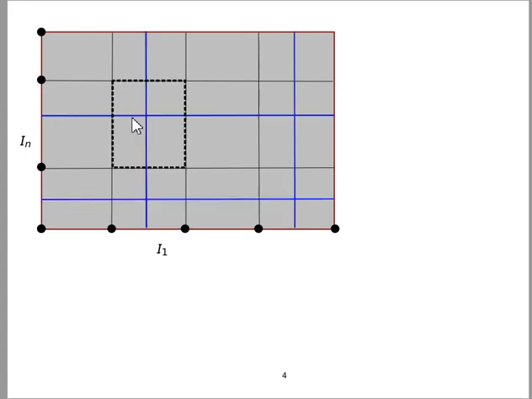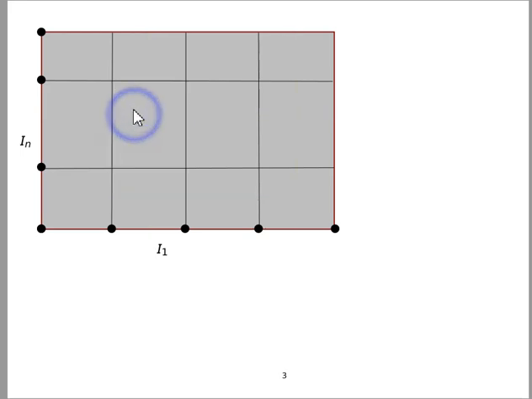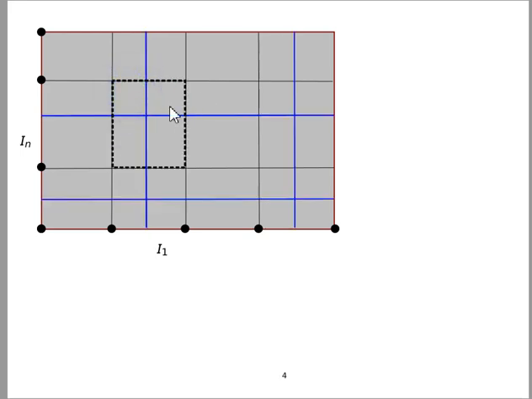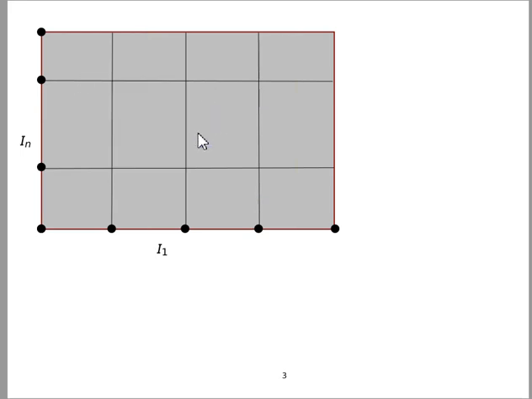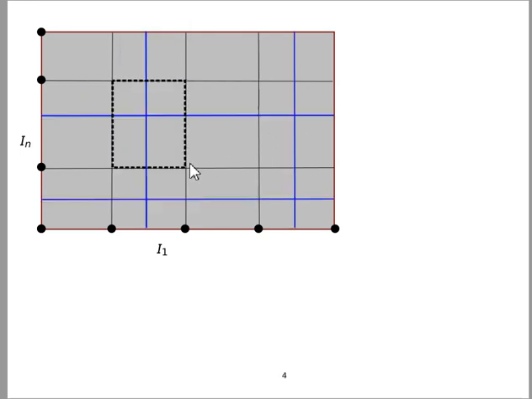So for every J, you take the corresponding P prime J and take the union. Taking the union of all the P prime J gives precisely every small rectangle that is a subrectangle of P prime.